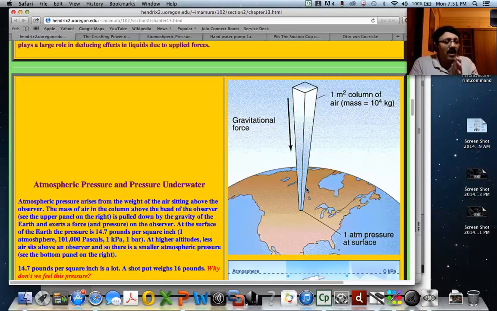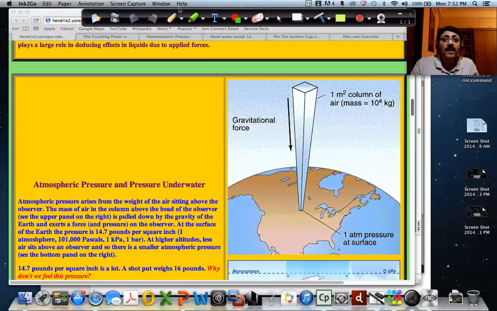If it has mass, it has weight, because anything which has mass is pulled by the Earth, so it has a gravitational force. So the same concept of pressure that we talked about in liquids applies to gas too. In the case of gases also, pressure is h rho g, where h is the vertical height of the gas, rho is the density of the gas, and g is acceleration due to gravity.